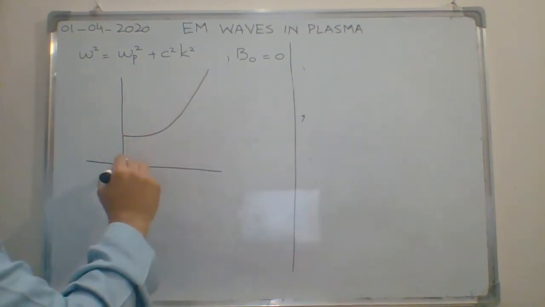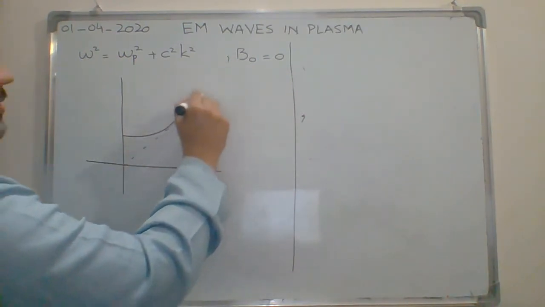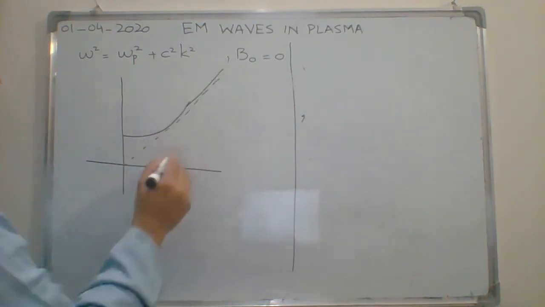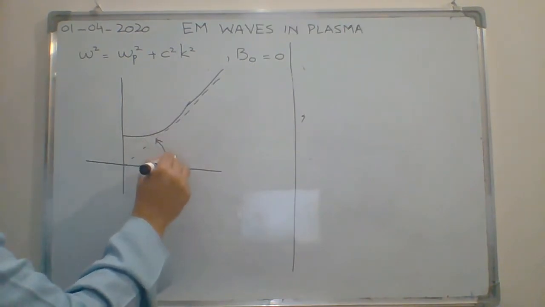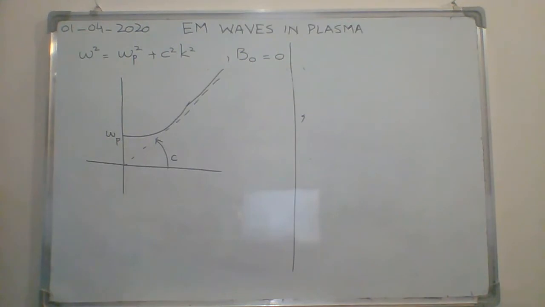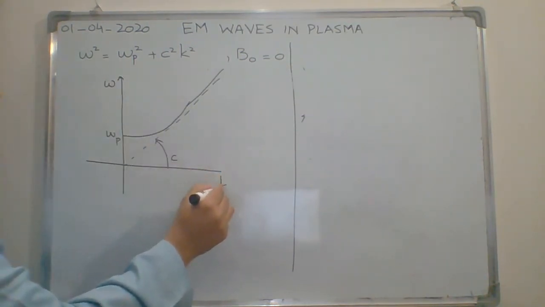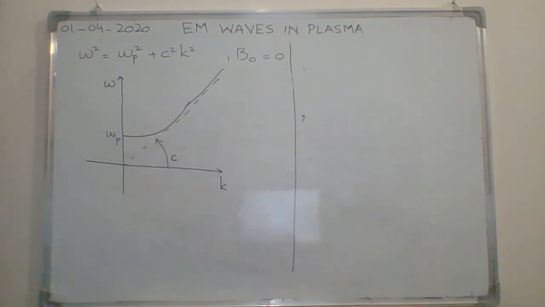Here the asymptotic value turns out to be c, and this will be omega p, and I am plotting omega versus k. So this is a graph of this equation.